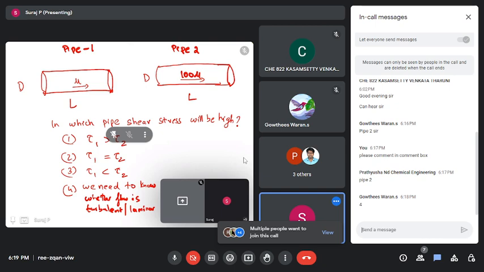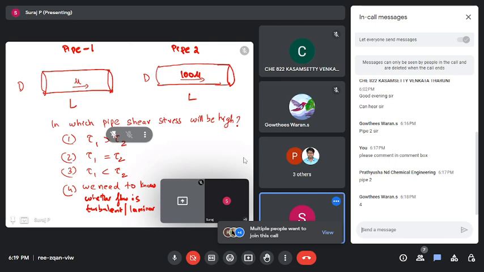Here the flow is laminar, because we are not giving any external force like a pump and other things, so the flow will be laminar only, unless it is specified that it is accelerating. Here it is not specified that it is accelerating, so we can consider the flow is laminar.